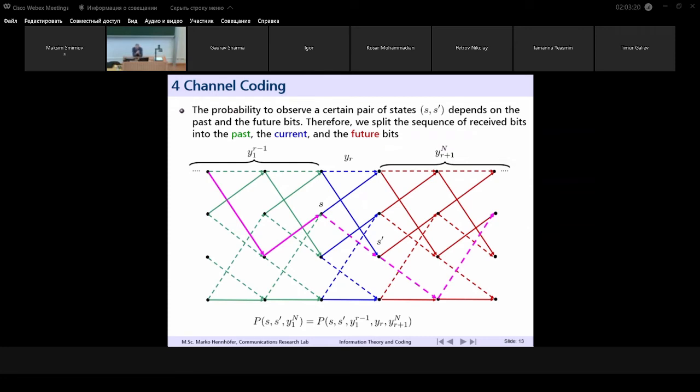And then basically the whole idea of this MAP decoder is to process the trellis in such a way that we can estimate probabilities that certain states are reached in this trellis diagram at a certain time step. So we are looking at time step R now. We have some previous bits in this sequence here. We have some future bits in this sequence.